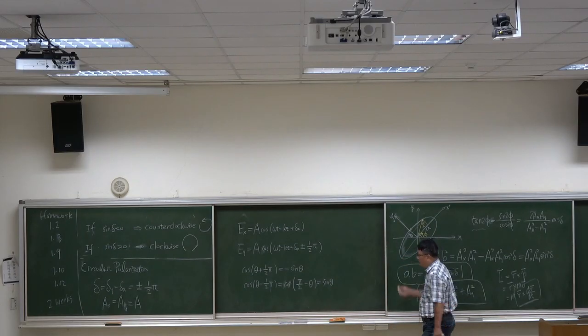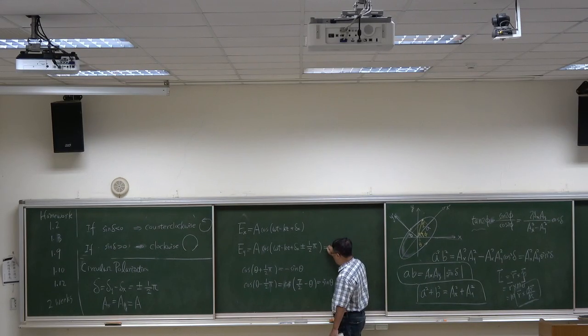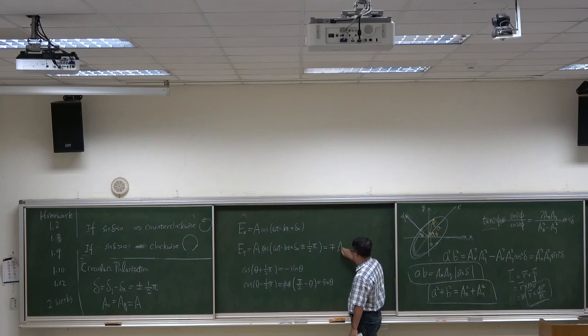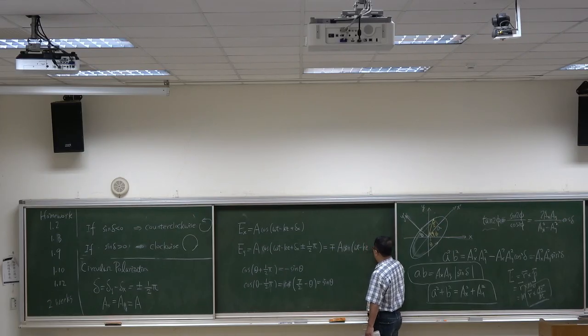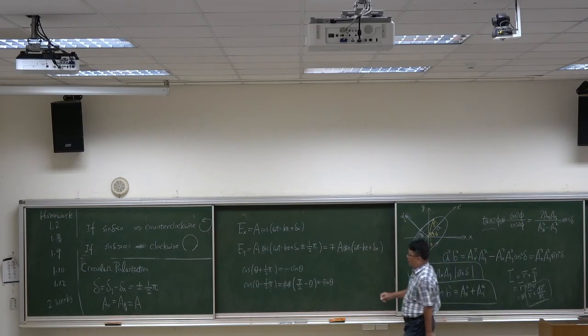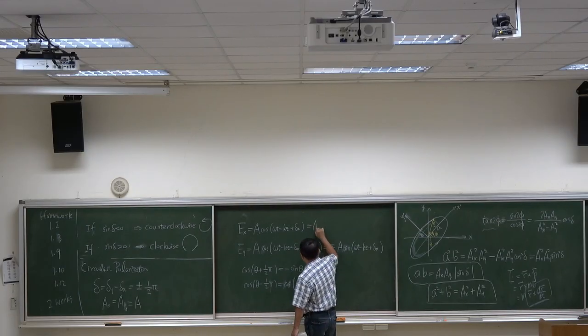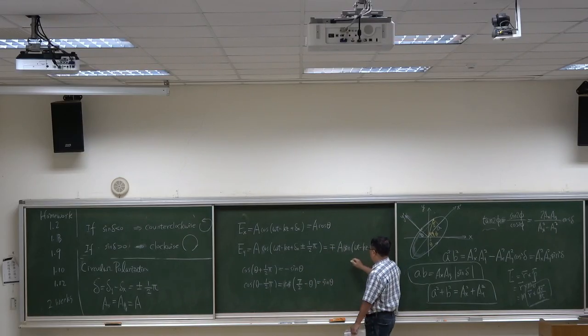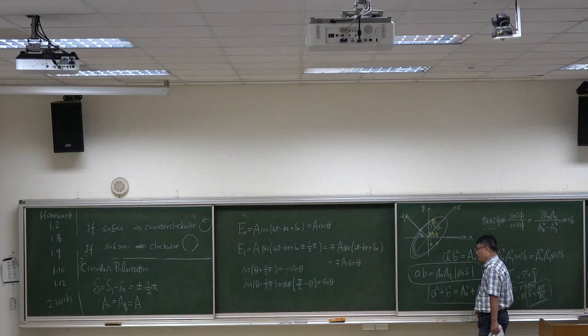So this is just equal to minus or plus A sine omega t minus kz plus delta x. Okay, so if I denote this as A cosine theta, then this is A sine theta with positive or negative coefficient.